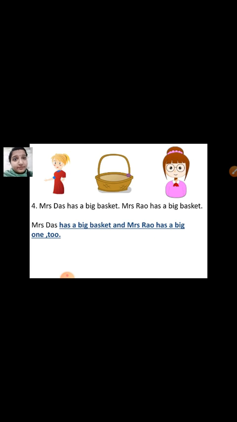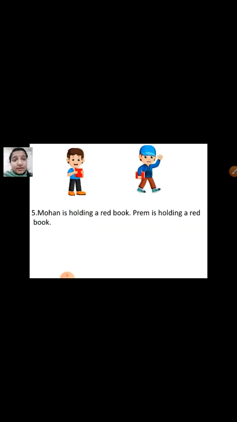Okay. Now fifth question. Mohan is holding a red book. Prem is holding a red book. Complete the sentence. Always remember the question. Complete the sentence by using one, O-N-E, one. So how are you going to use? First we have to connect the sentence with the help of and.